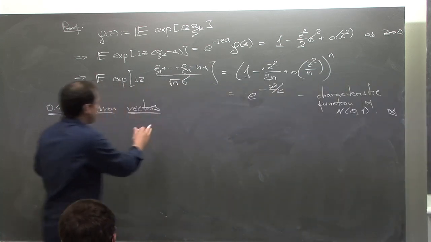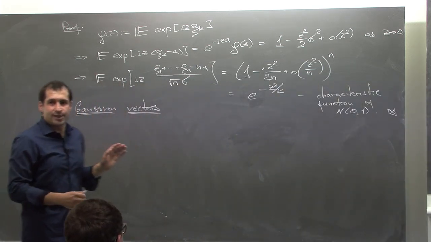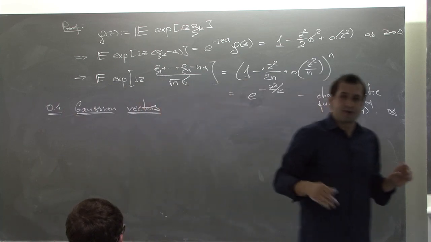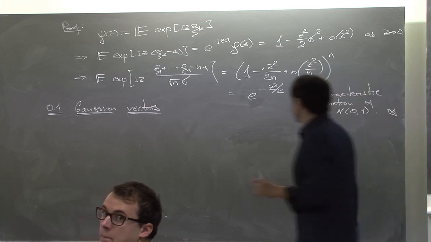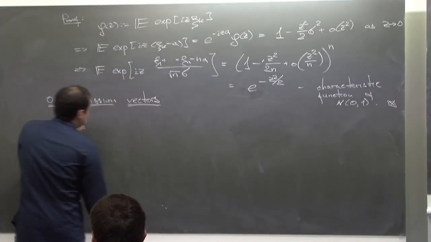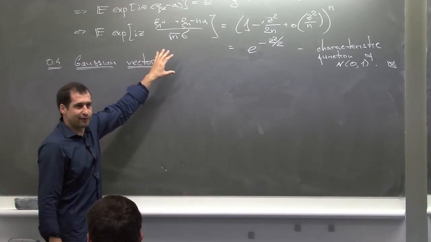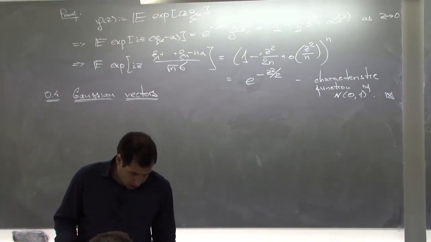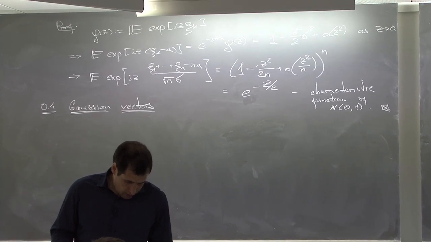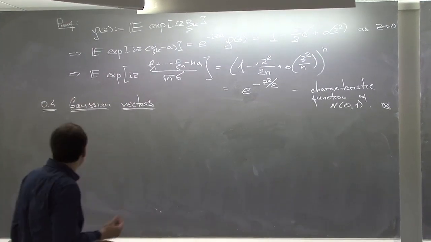It's going to be in the first set of exercises, and the person responsible for exercises is Marianne. She's sitting here. So in the first set of exercises, there is something about Gaussian vectors, again just to remember how it goes.